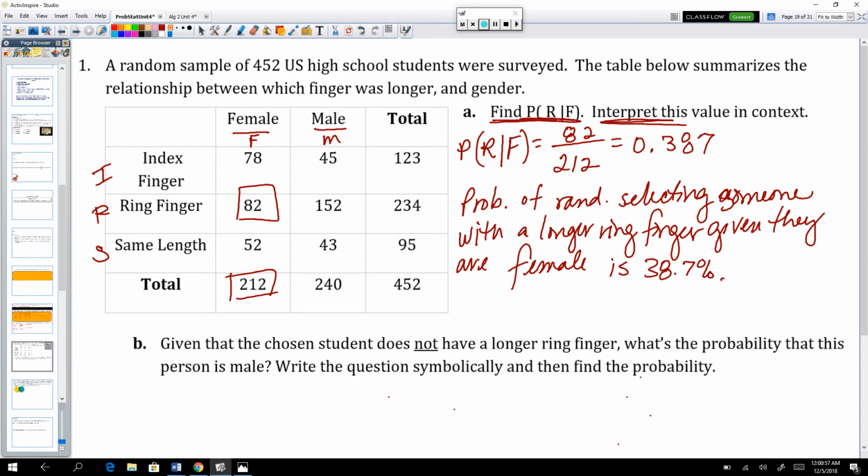So on a quiz or test, if I ask you to find P of R given F, you'll do that, and then of course I'll follow up with, can you please interpret that value in context? And that's the type of sentence I would be looking for.